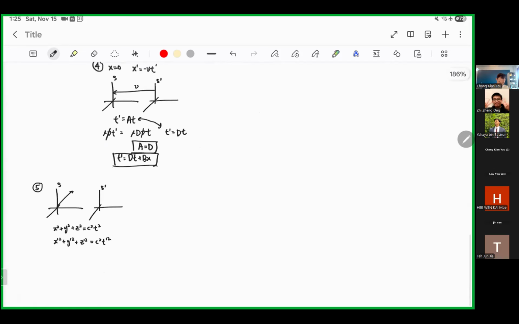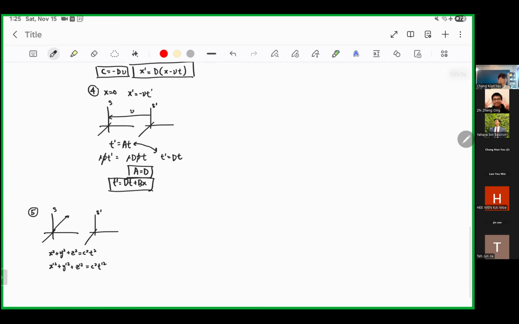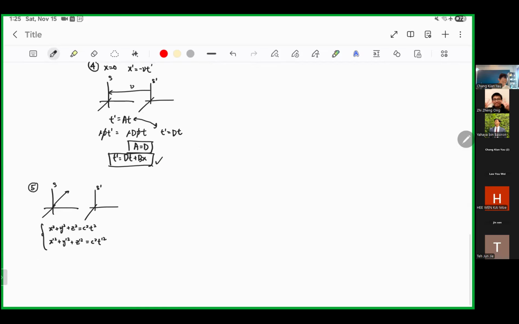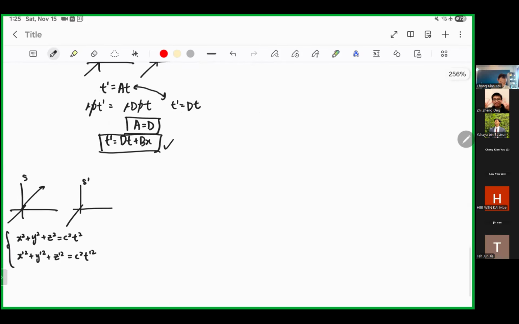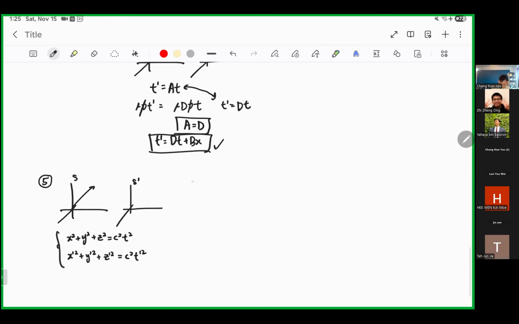And then if you do the math yourself, the algebra, you can use this and this. So if you solve it, you get the Lorentz transformation, which is ct prime equals gamma ct minus. Okay, I'll give you gamma and beta later.